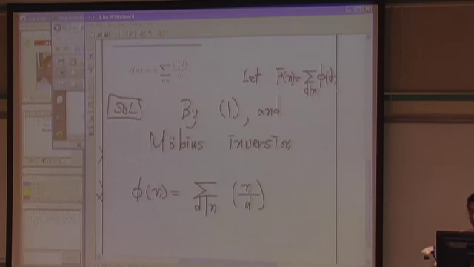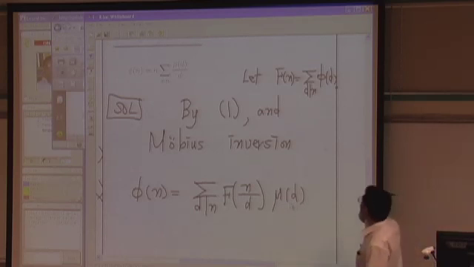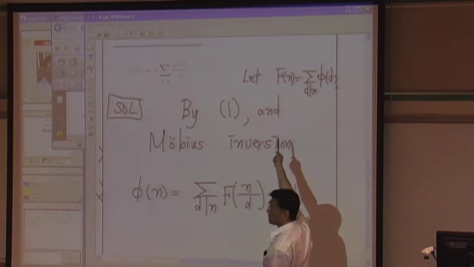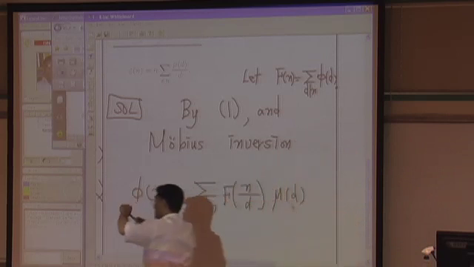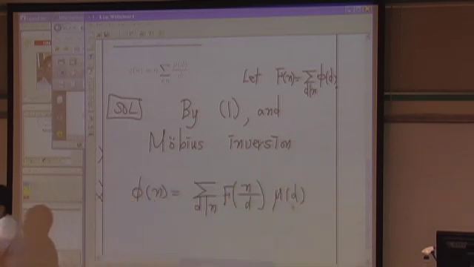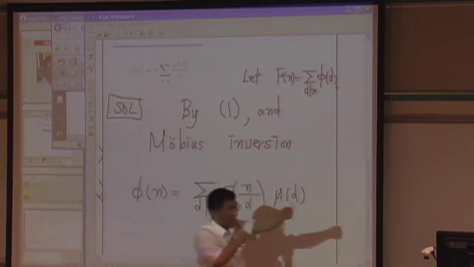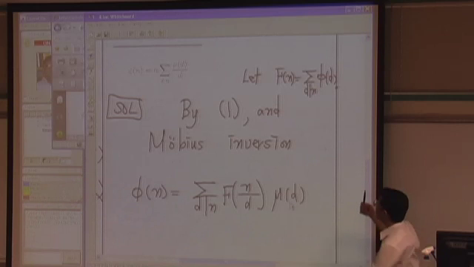Then by the Mobius inversion formula, the sum of f of n over d times mu of d is the inversion. In other words, once you have the summand, we can find the sum. So from the summand phi, we can find the sum f. The Mobius inversion formula finds the summand from the sum.